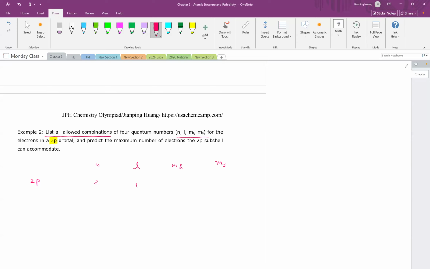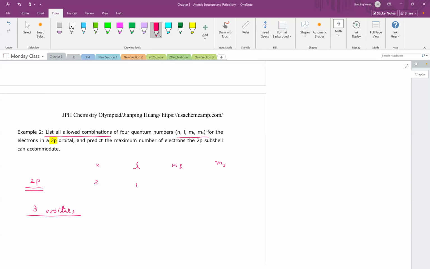Now before we move on, how many orbitals in 2p? 4? How many orbitals? 3 orbitals, not 8.